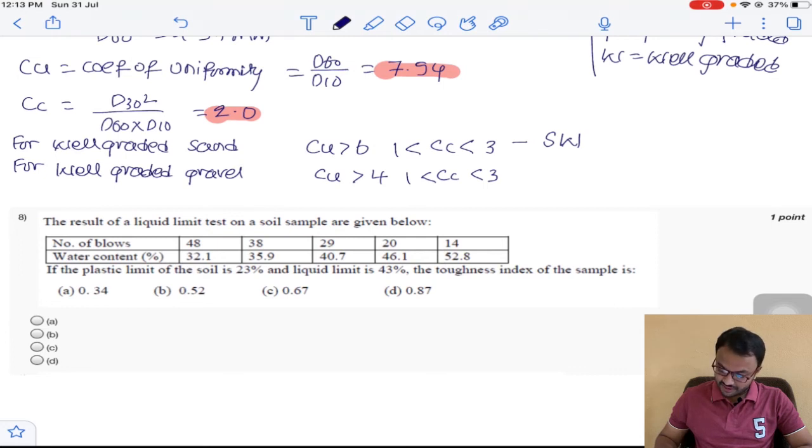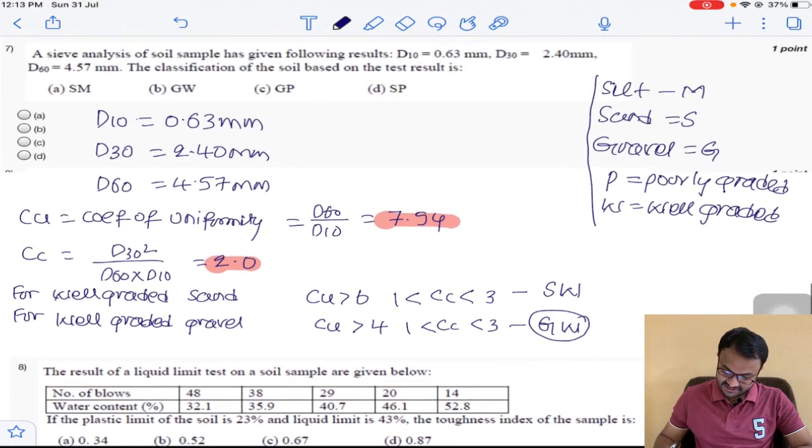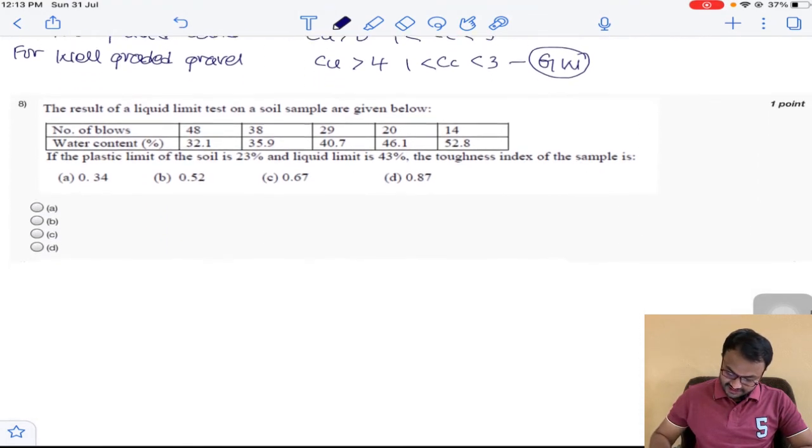So 7.54 is greater than 4 and Cc lies between 1 and 3, so we can say it is GW, well graded gravel. Is there such an option? Yes. So the given soil is well graded gravel. The answer will be D. Clear? Next question.